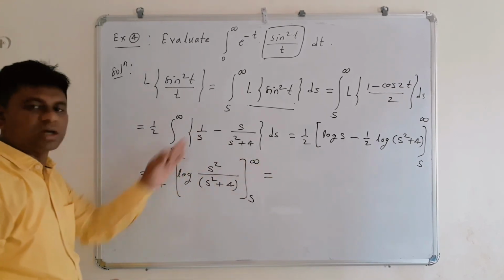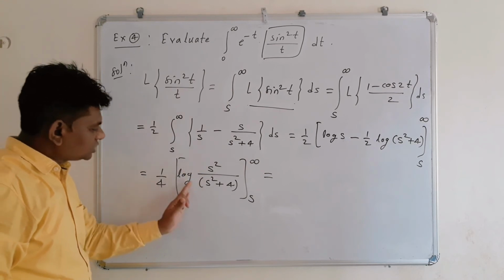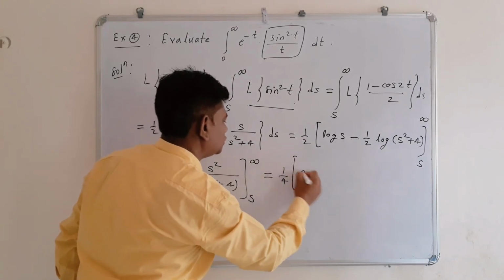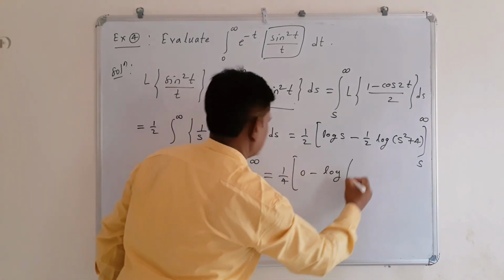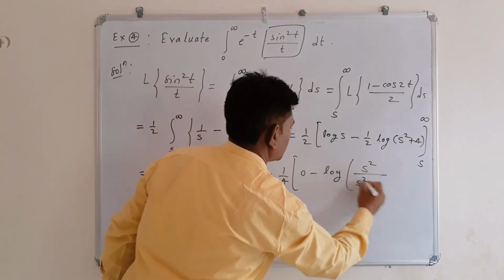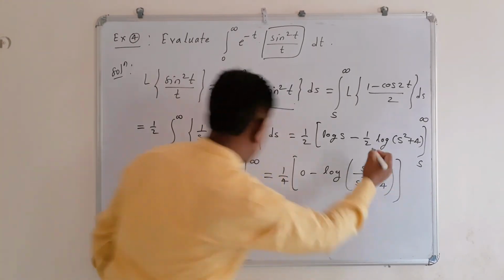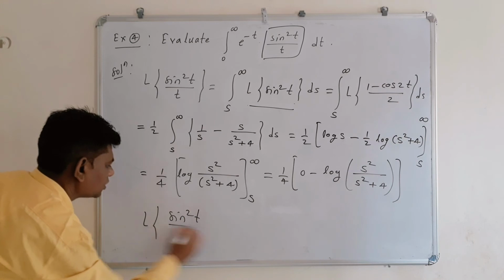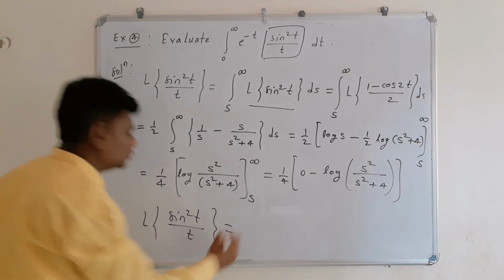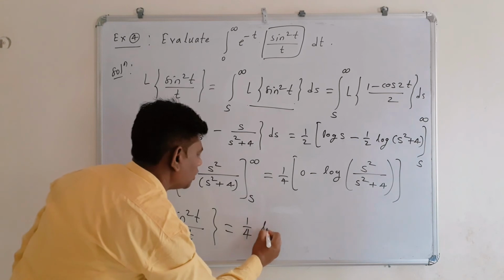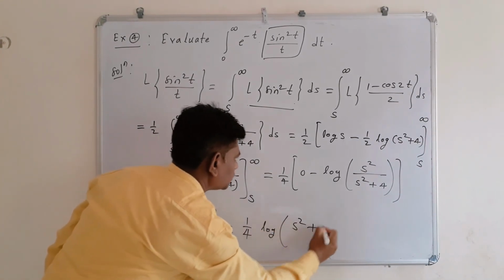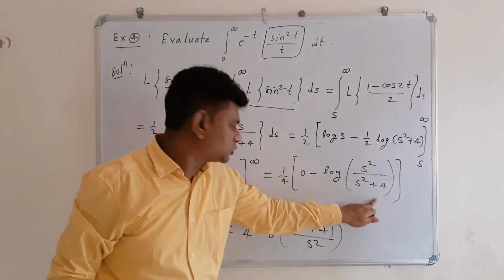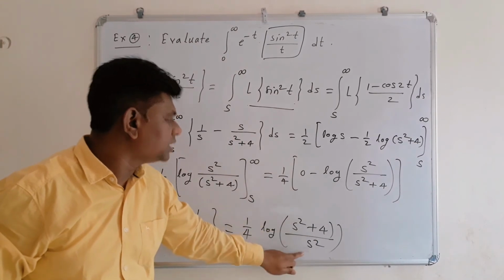Now by substituting the upper limit, the answer is log 1, which means 0. So this is equal to 1 by 4 times 0 minus log of s square upon s square plus 4, and therefore the Laplace transform of sin square t upon t is equal to 1 by 4 log of s square plus 4 upon s square.